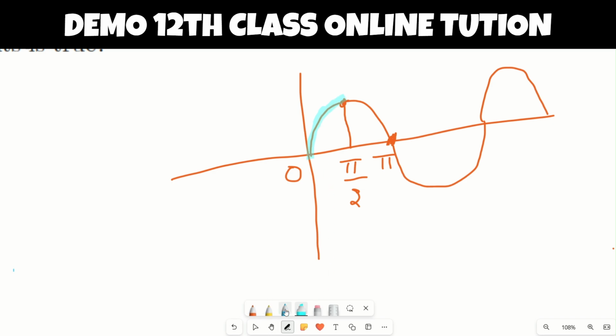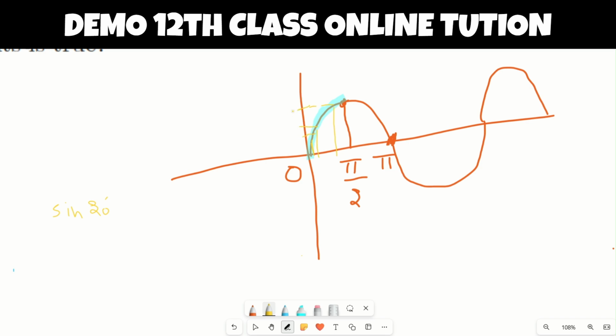It means if it is sine, suppose 20 degree, so sine 20 degrees lies here, and suppose it is sine 50 degree, 70 degree, and it's increasing, so its value is also increasing here.